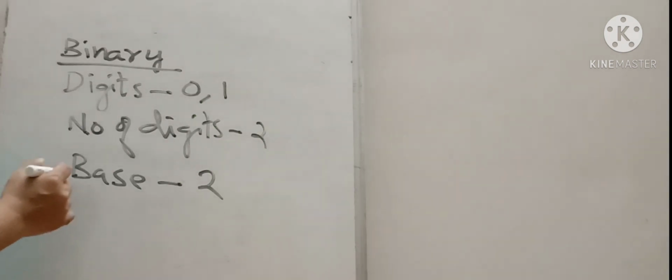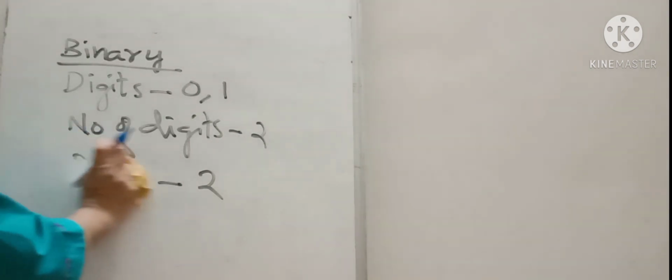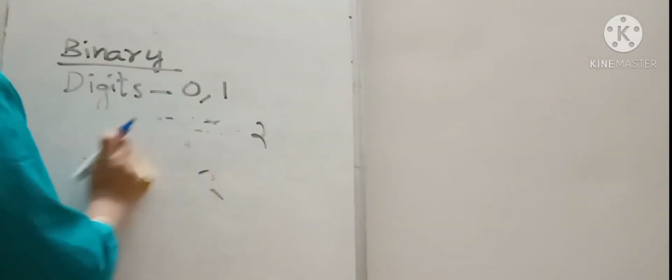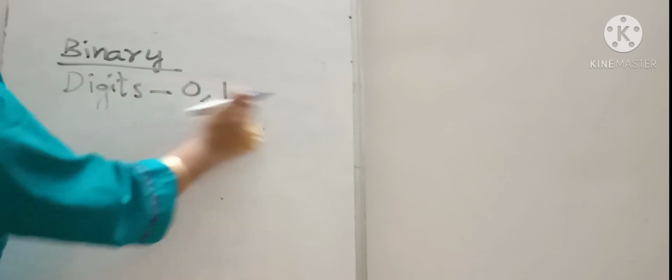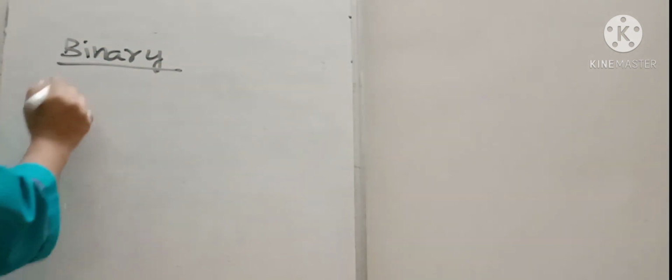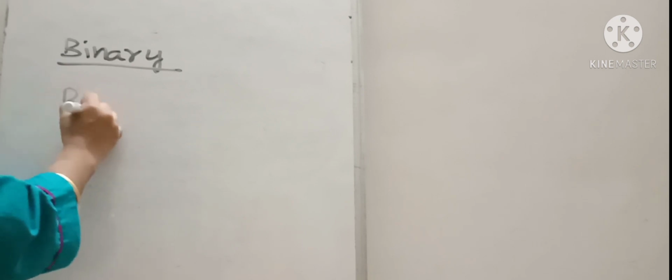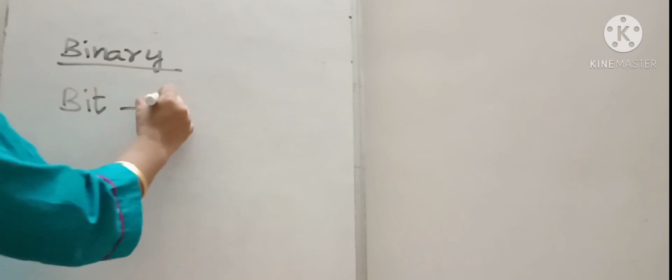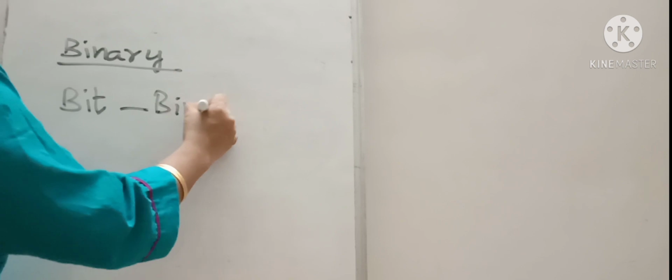We use the binary number system in computers and its base is 2. The language using binary number system is known as machine language. Okay, now what is bit?